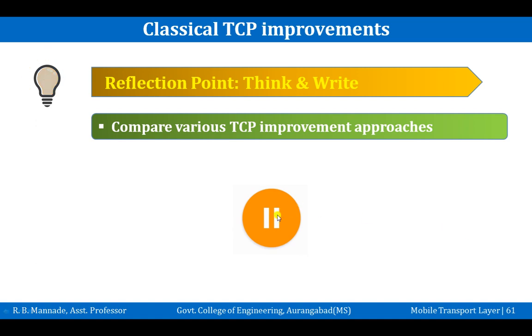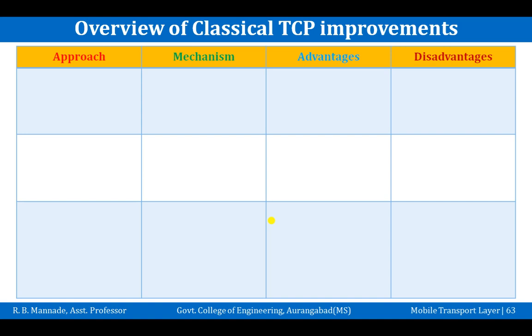Okay, welcome back. We will see what the differences are between various TCP improvement approaches. These are the approaches, mechanism, advantages and disadvantages. The first approach is indirect TCP. What mechanism is used? Indirect TCP splits the TCP connection into 2 connections.